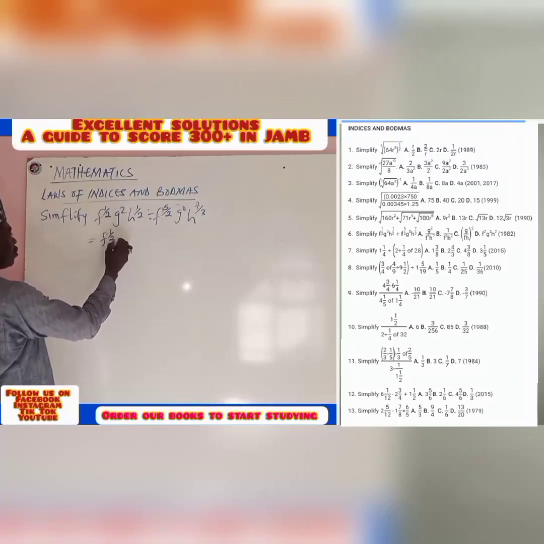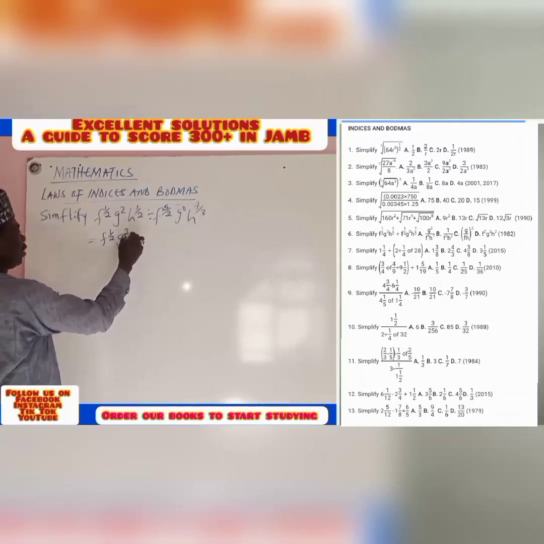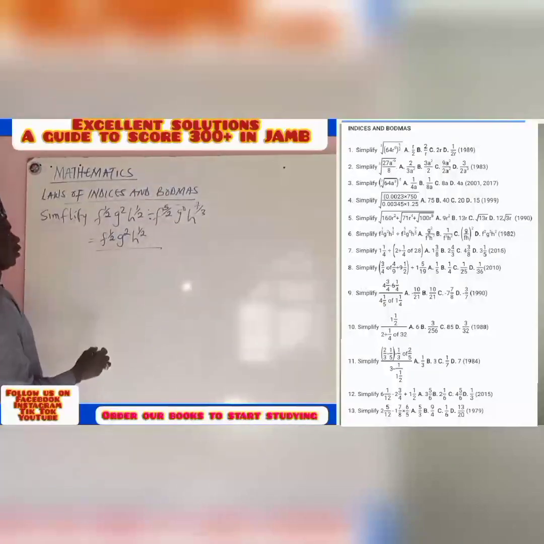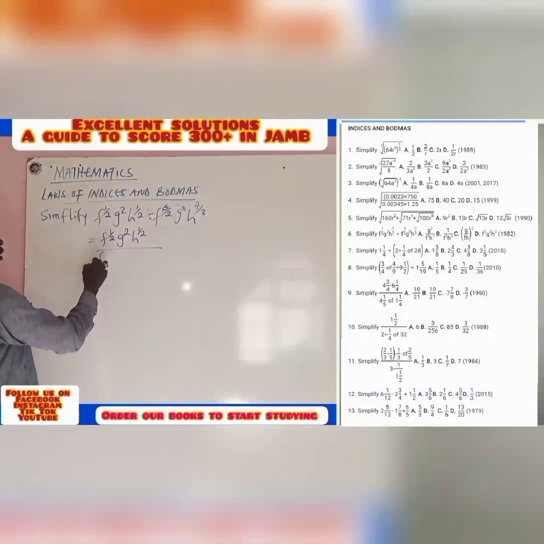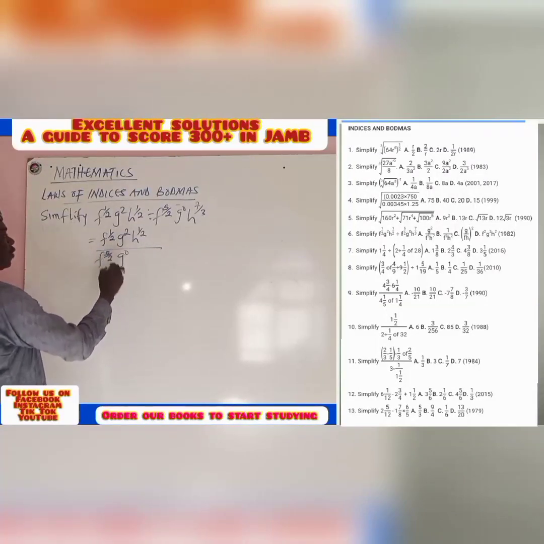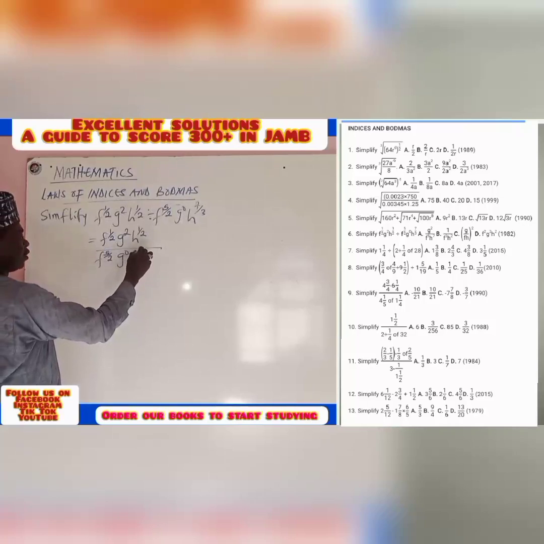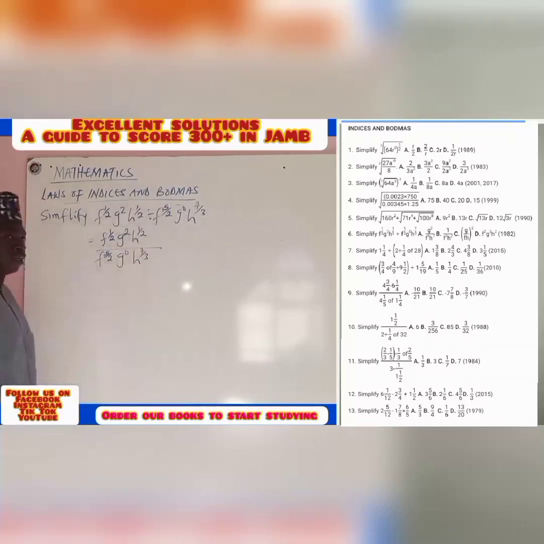power of 1 over 2, G square, H raised to the power of 1 over 2, divided by F power 5 over 2, G power 0, H power 7 over 3.